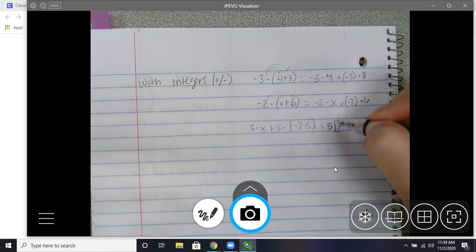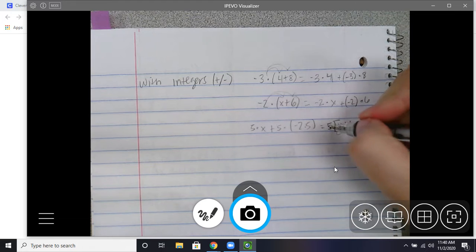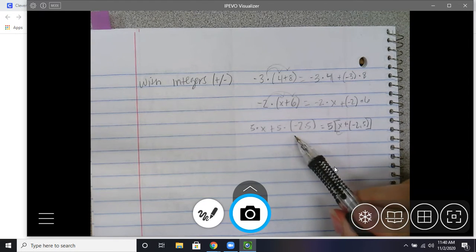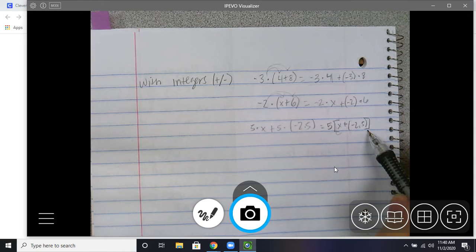Remember the brackets are, if you already are using parentheses, then you'd use brackets next. You are factoring out the common factor 5 from the two parts of the sum over here. When you write the equivalent expression here, you can say you have factored the expression into the product of two terms, 5 and this.